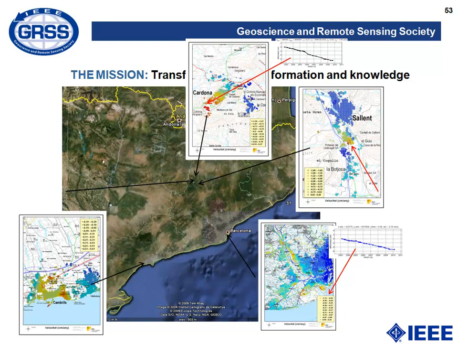The next two examples are very performant examples on the use of satellite information to translate data into information and knowledge.